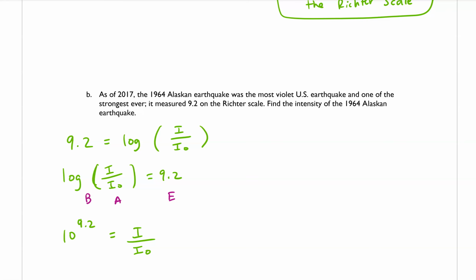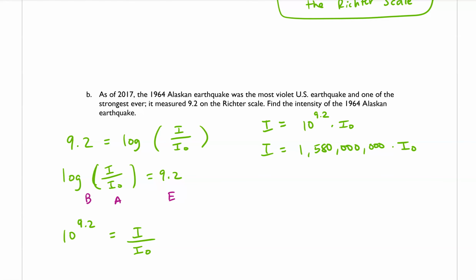And then if we solved for I, we would get I equals 10 to the power of 9.2 times I sub 0. And if you throw that number into your calculator, that simplifies to 1,580,000,000 times I sub 0.